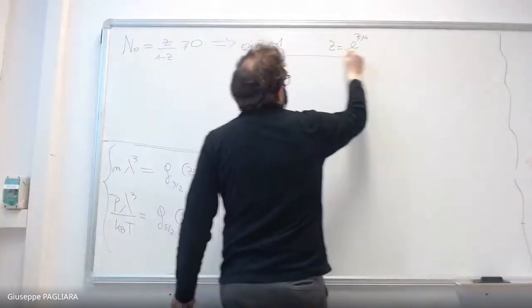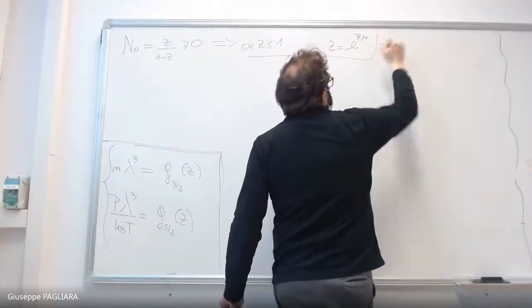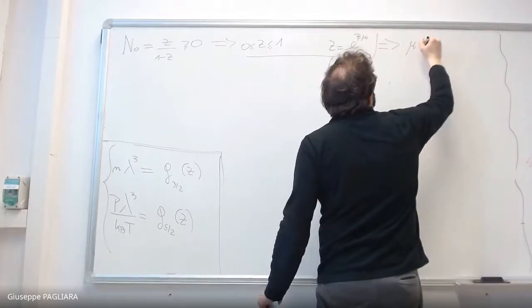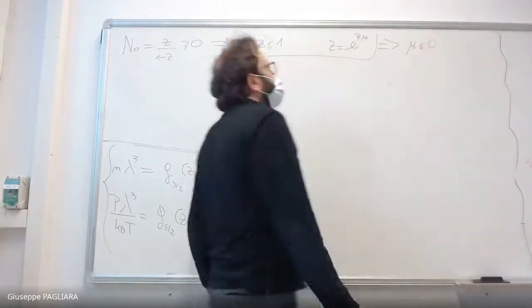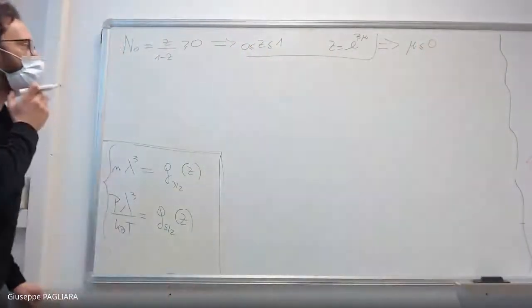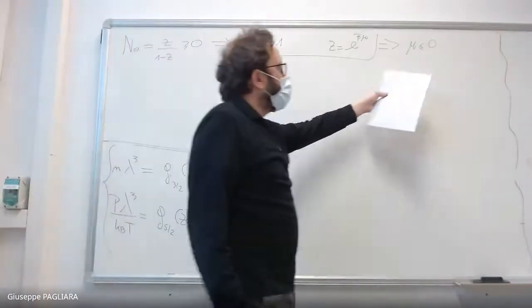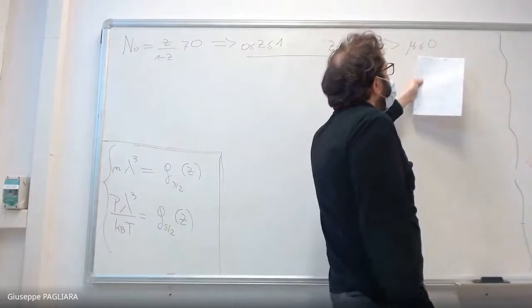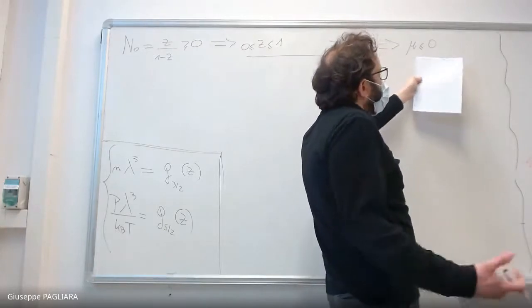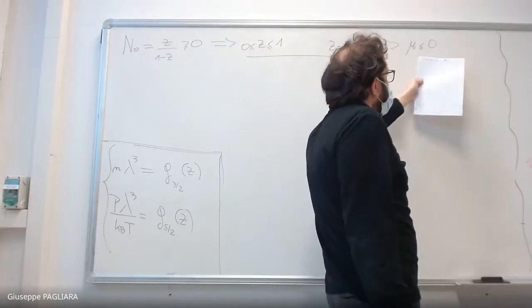So this implies that mu is less or equal than 0. For mu equal to 0, I get z equal to 1. For mu large and negative, I get that z is approaching 0. So in the case of a boson gas, the chemical potential must be restricted to be negative.